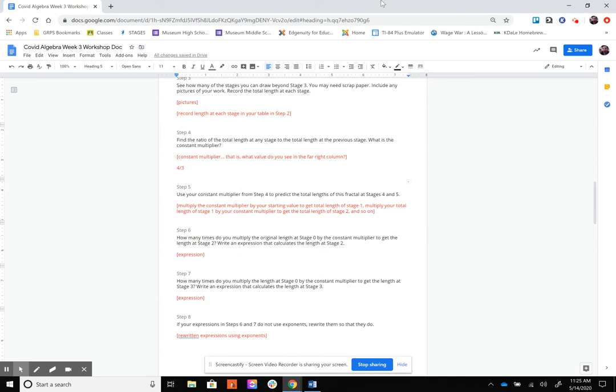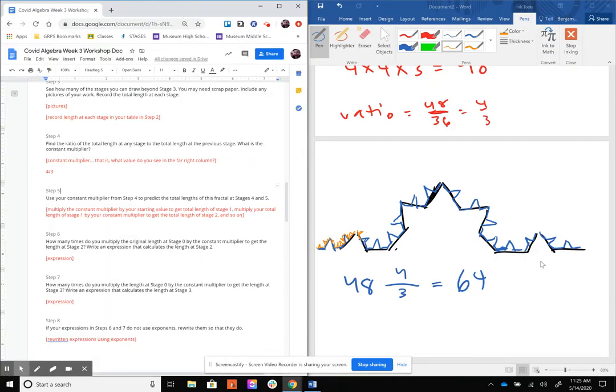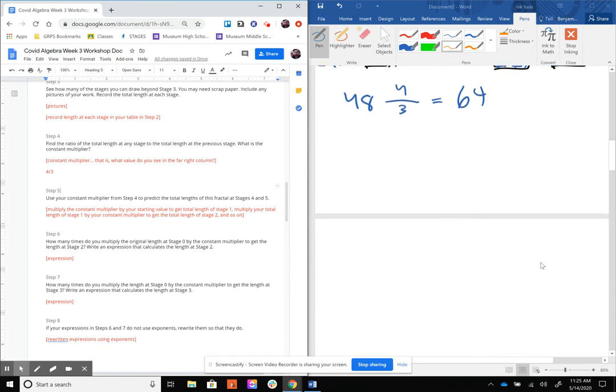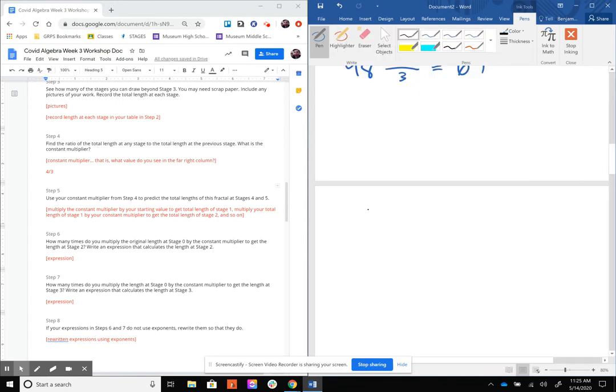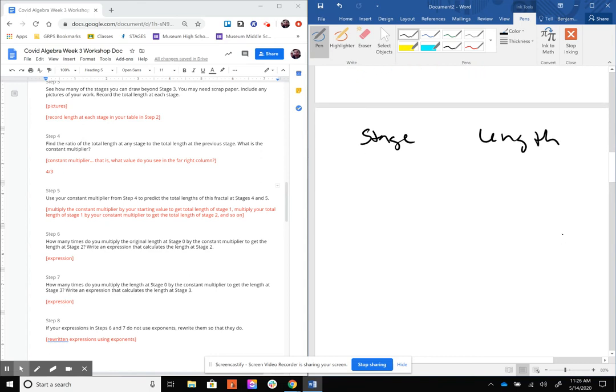Okay, this is a really interesting idea because if you notice, this is looking at step 6. So if I've got stage 0, so stage and length, that's really the relationship we're looking at. So if I have stage 0, we're starting at 27, right?